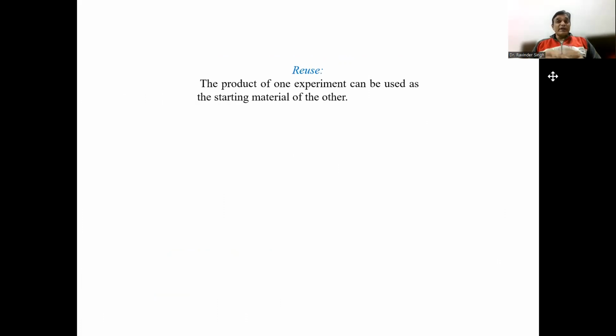During the framing of the whole practical syllabus, we must frame it in such a way that if we prepare some substance, it must be reused in another experiment. In such a way, we can cover the whole syllabus and reuse the chemicals. So the product of one experiment can be used as the starting material of another.